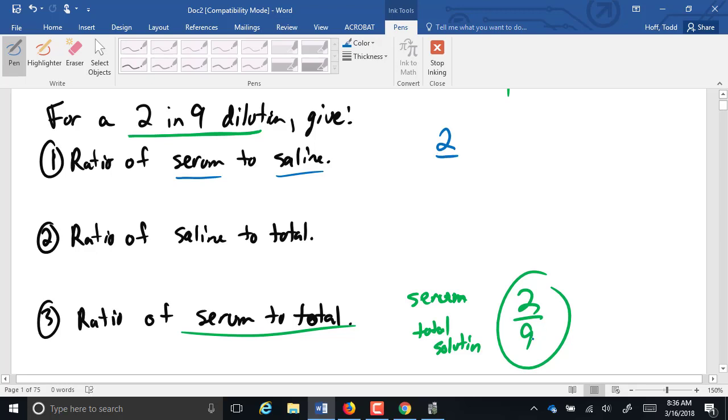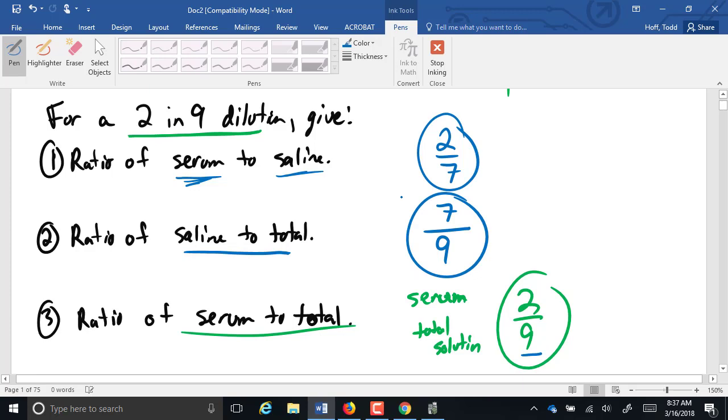If there's 9 total parts, 9 minus 2 would be 7 parts saline. So serum to saline is 2 to 7. Saline to total, well, the total parts would still be 9. If 2 of those were serum, the other 7 are saline, so 7 to 9. So the big thing to remember is a dilution is always serum to total.